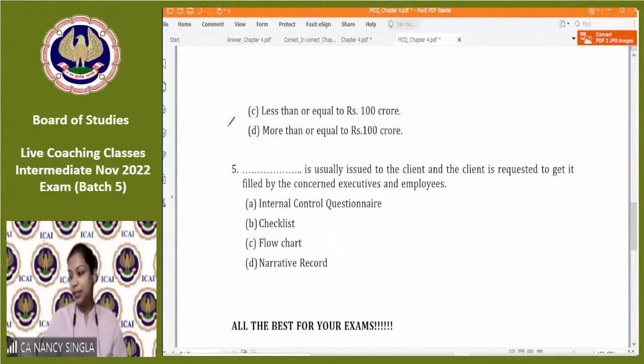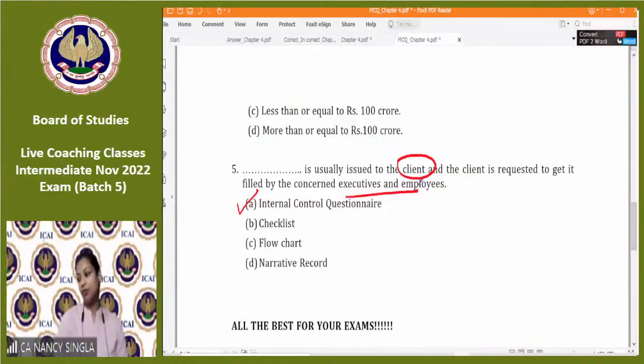Send in your replies. So the answer is: internal control questionnaire, to be filled in by the client or the client executive or employees. Almost all of you have answered it correctly.